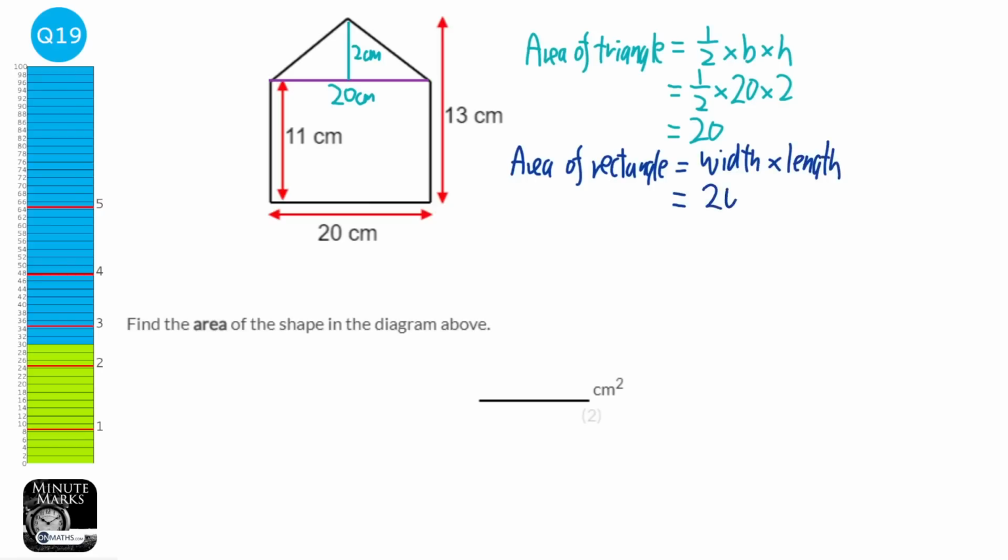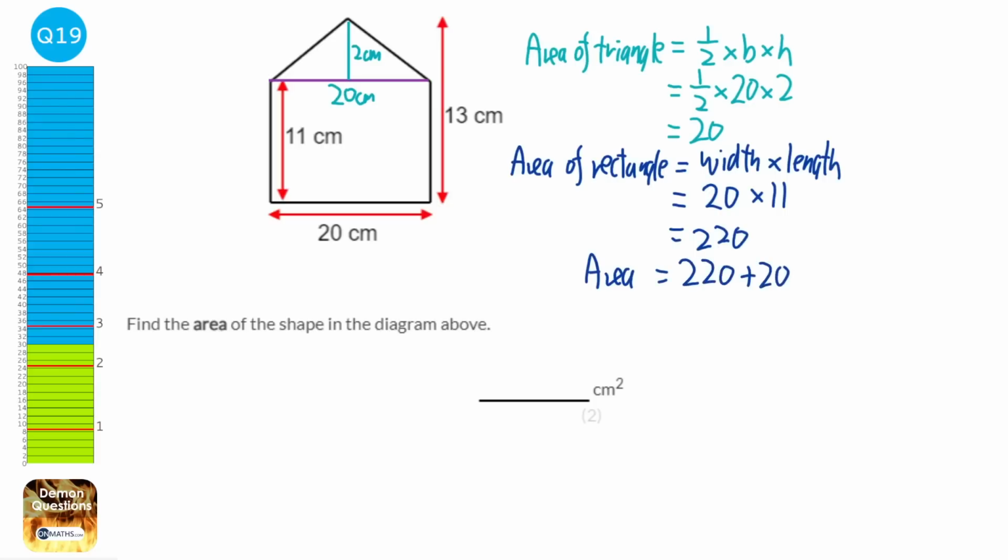Width is 20. The length is 11, so that would be 220. Then to work out the total area of the whole thing, we're just going to add those together. So 220 plus 20, which is 240. The units are all in centimeters, and so the area units will be centimeters squared.